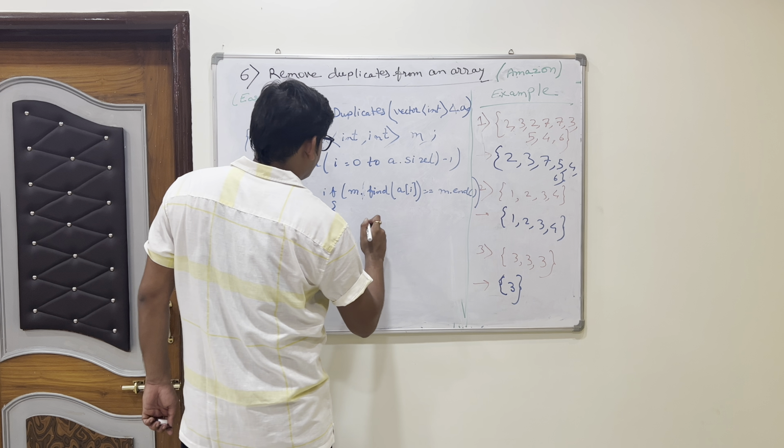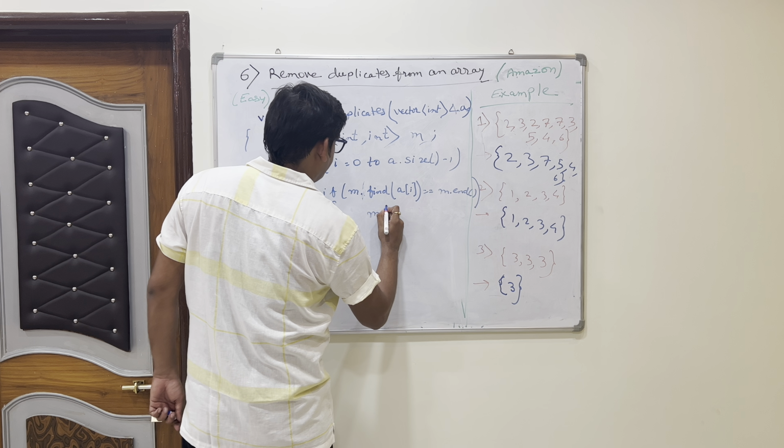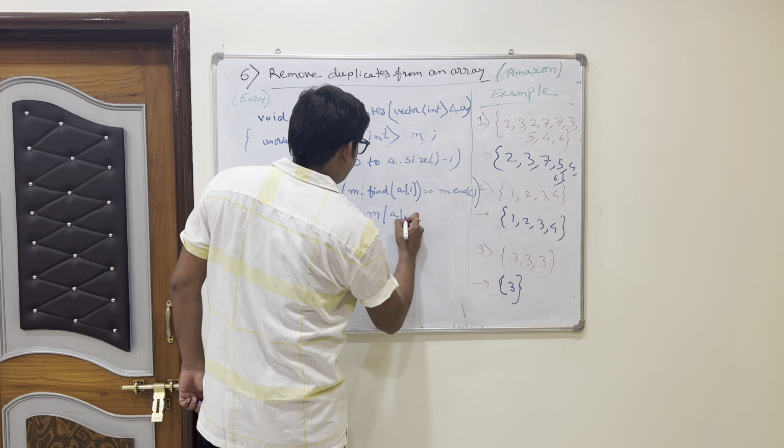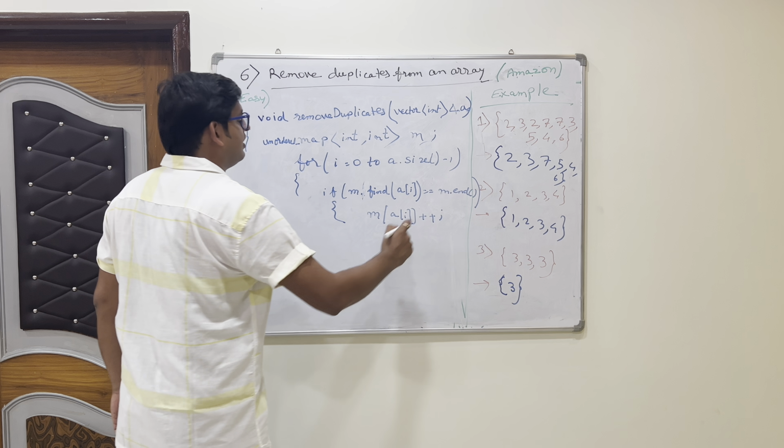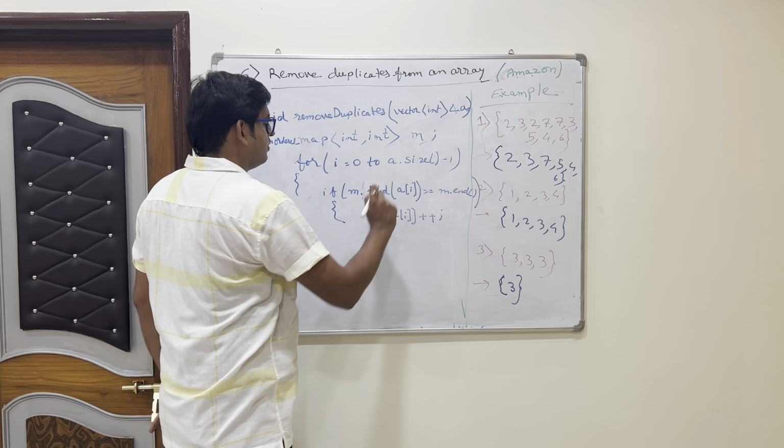What we'll do is we'll store the element, m[a[i]]++. So the frequency will increase from 0 to 1. By default it is 0.